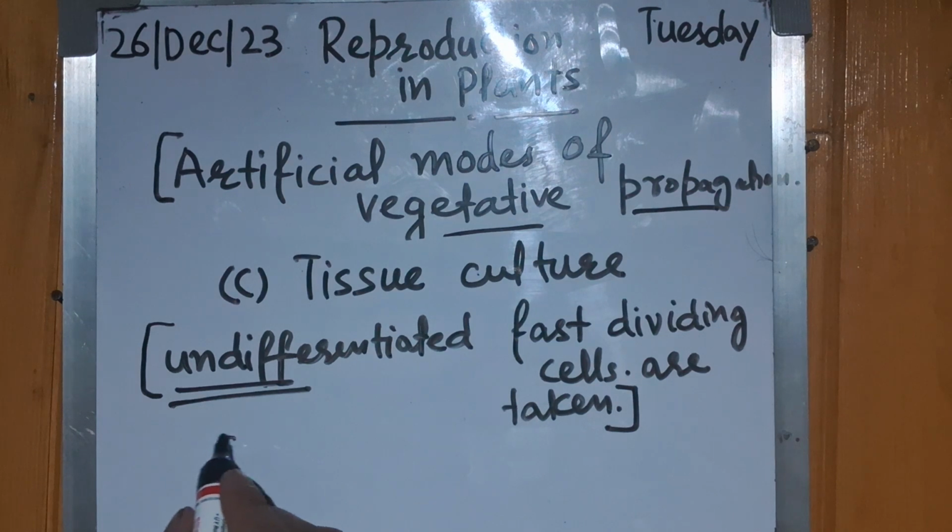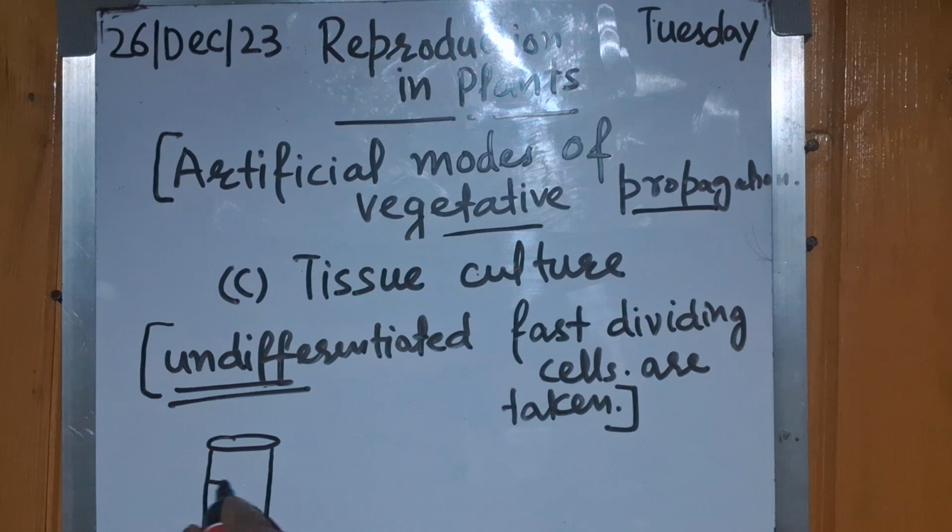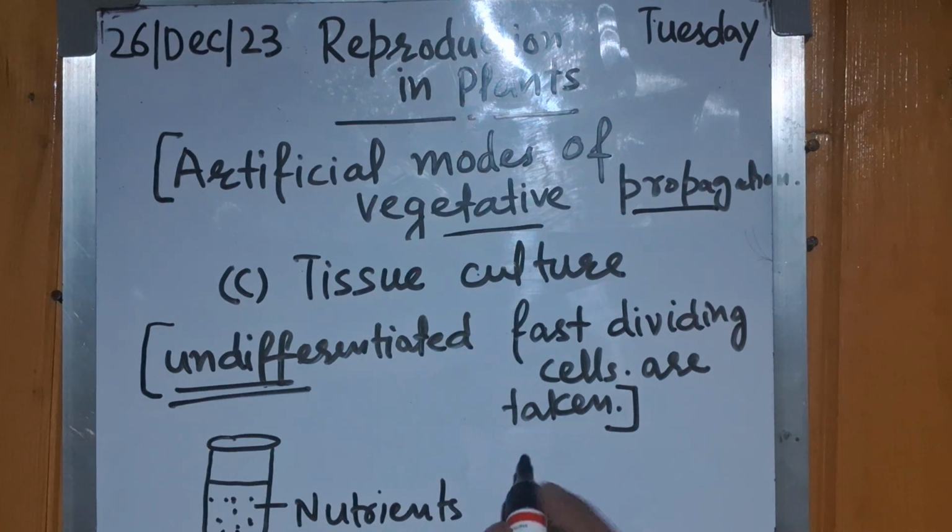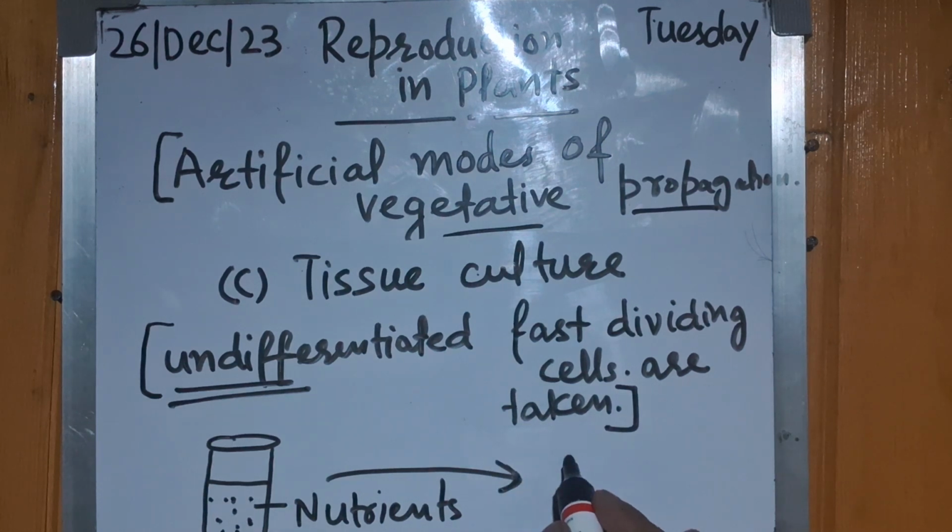These cells are taken and placed in a nutrient medium in the presence of nutrients and certain hormones, and small plantlets start developing after a certain period, under proper conditions of temperature, nutrients and hormones.